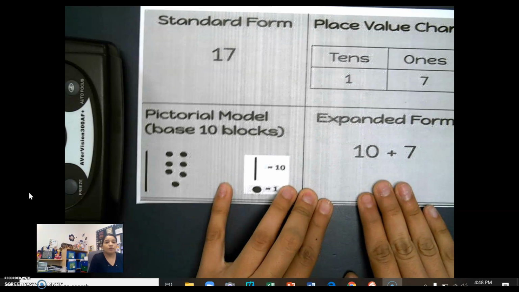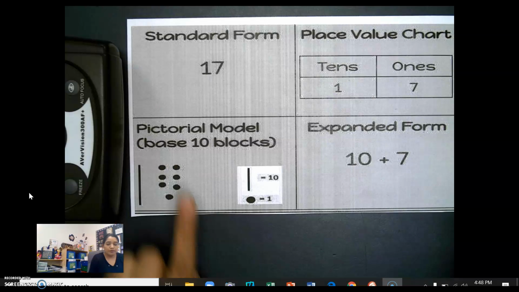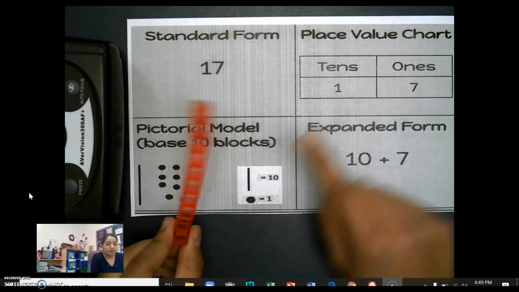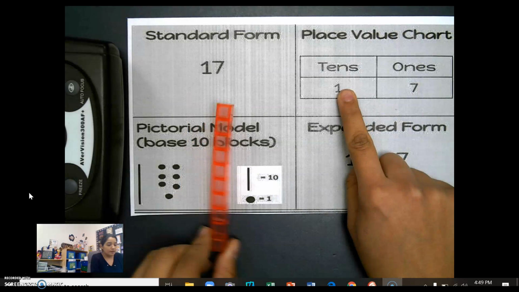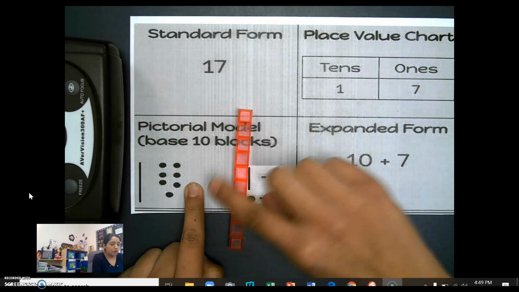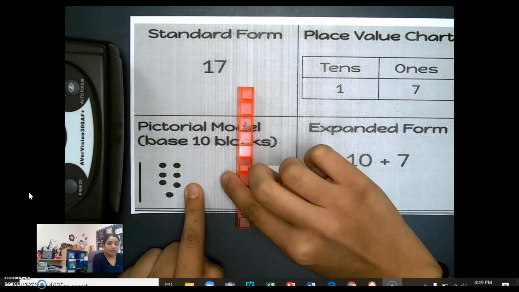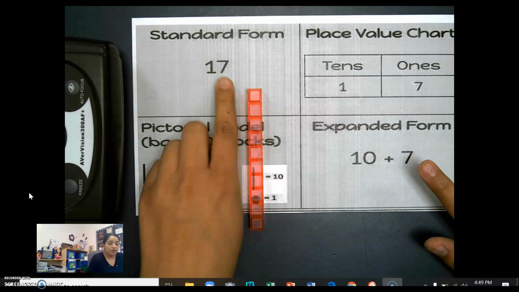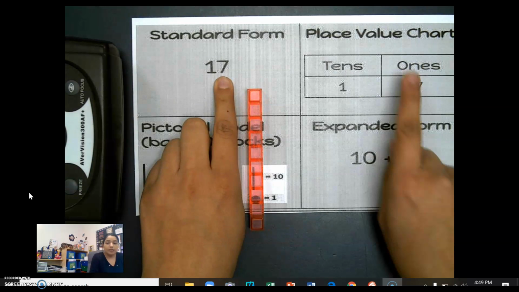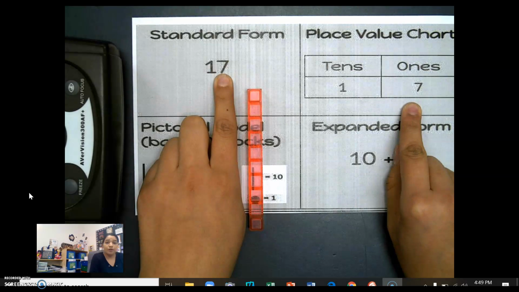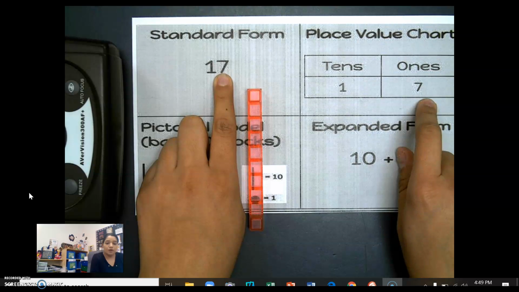The pictorial model, pictorial. So we have a tens block since we have 1 ten. Right here we look at the number and it's 1, so it's 1 ten block. And then how many ones do we have? 7. You could either look here on the standard form, or you can look at the place value chart and it says we have 7 ones.